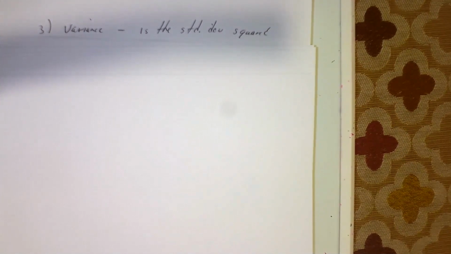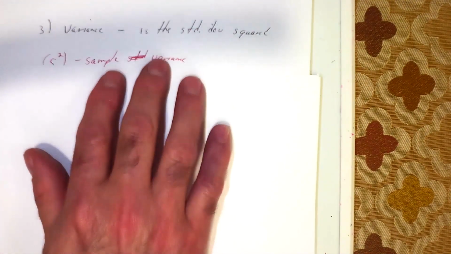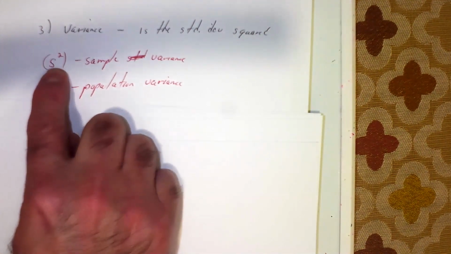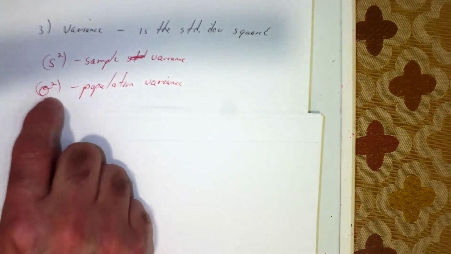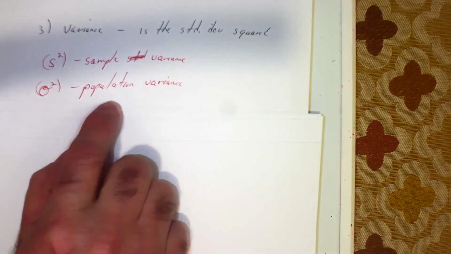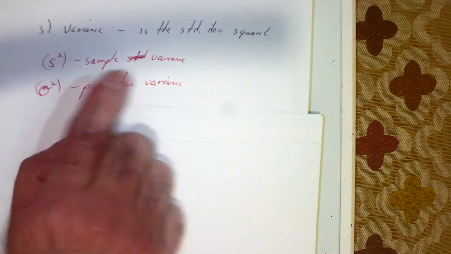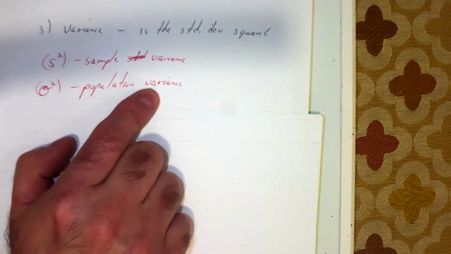They have a huge number, but other than that, no one really uses variance. So the symbol we use is s squared, which is the sample variance. The sigma squared, second power, is the population variance.